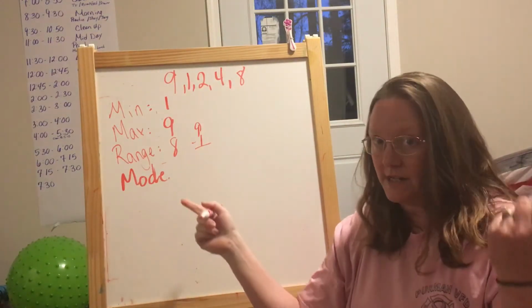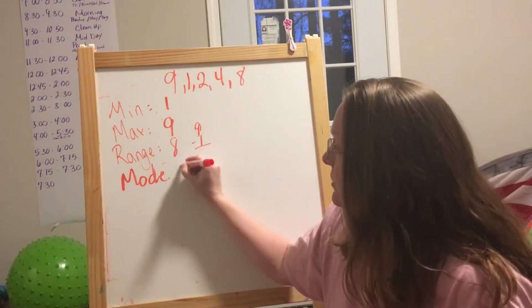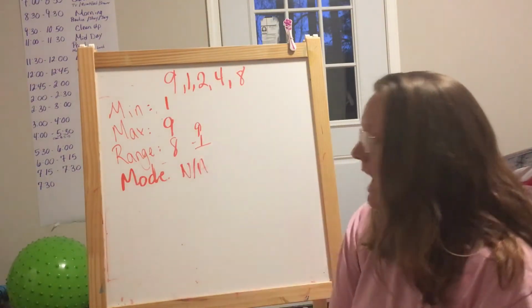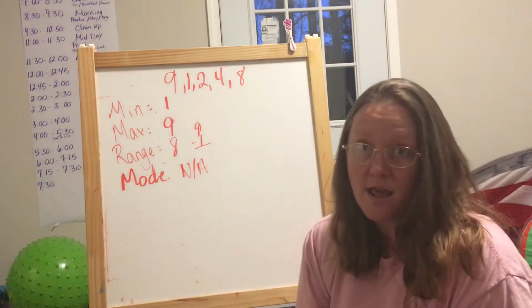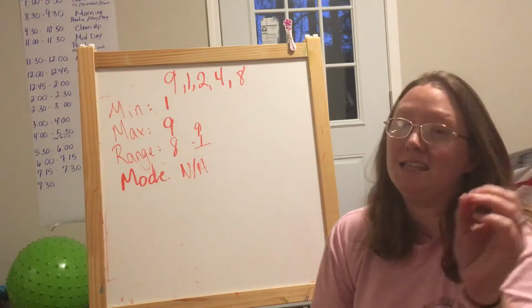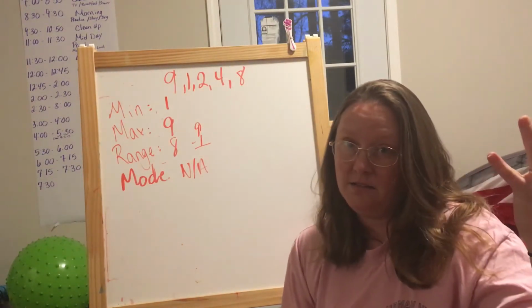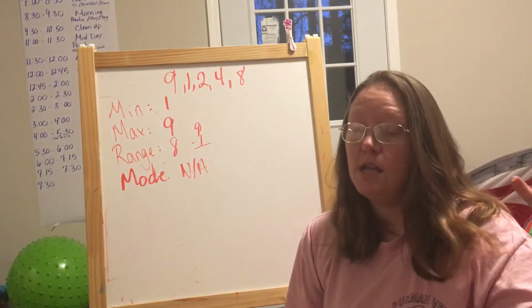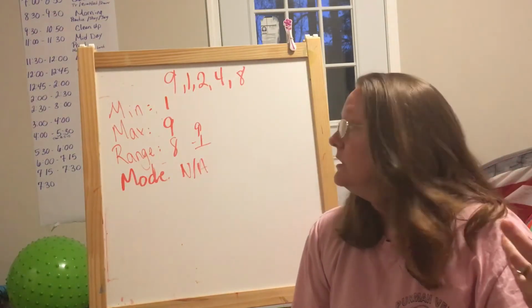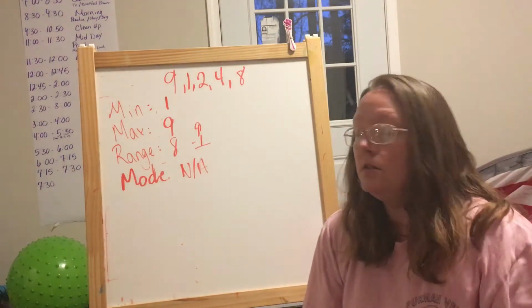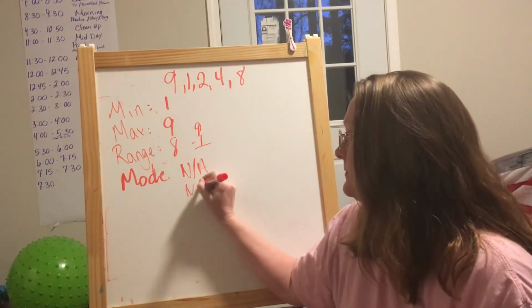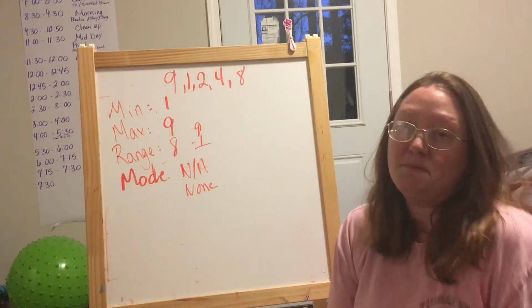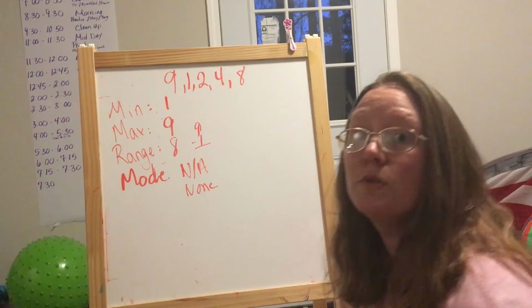They're all different data. So my mode, I would put not applicable or none, okay? Not a 0, because 0 could be a data number. So you wouldn't want to put 0, but you would put none or not applicable. Because sometimes there's just not a mode. There's not one that shows up the most.